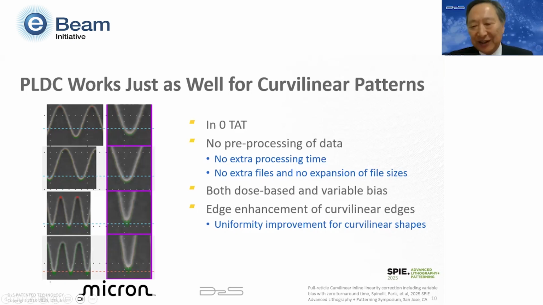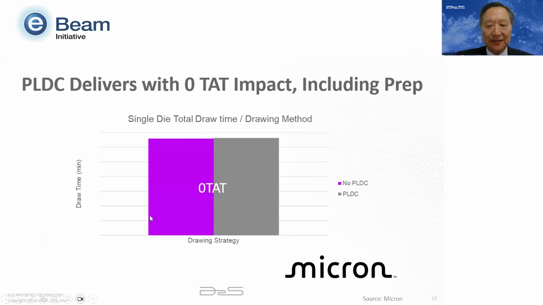There's some improvements that are being made, and they'll be demonstrated at PMJ pretty shortly. But all of this is in zero turnaround time, and there's no pre-processing of data, right? And it works because it's both dose-based and variable bias correction. All of that in zero turnaround time.